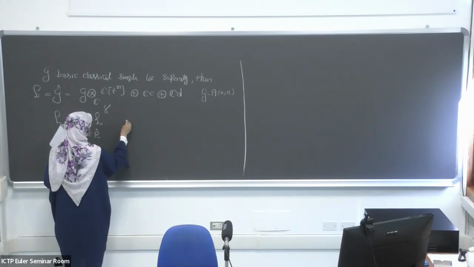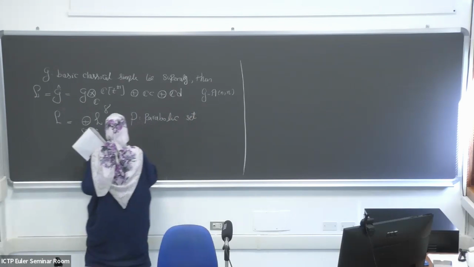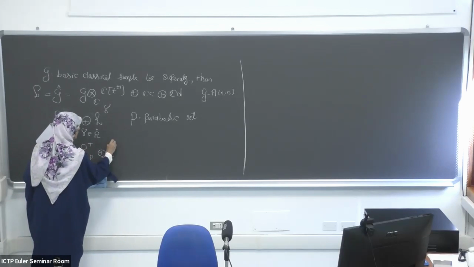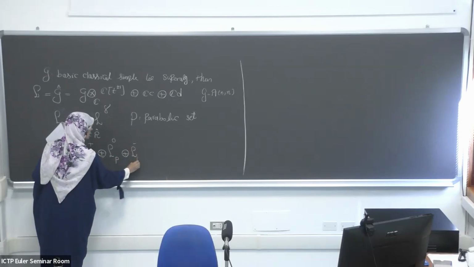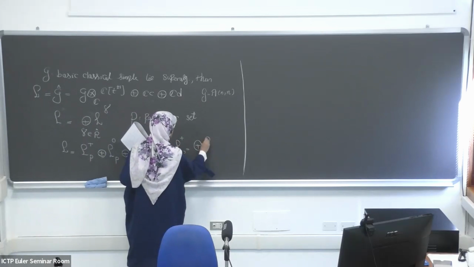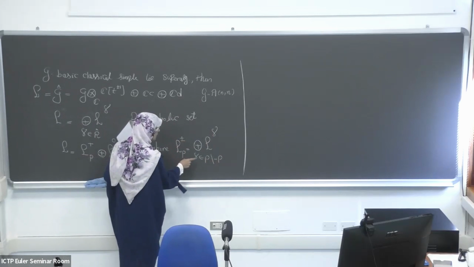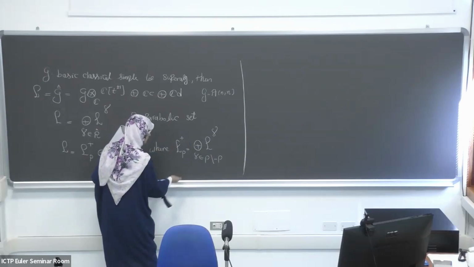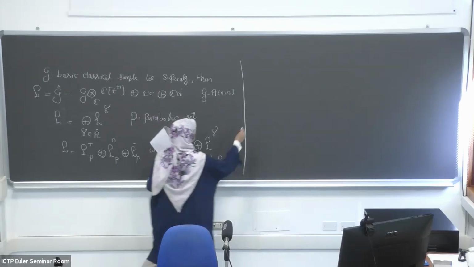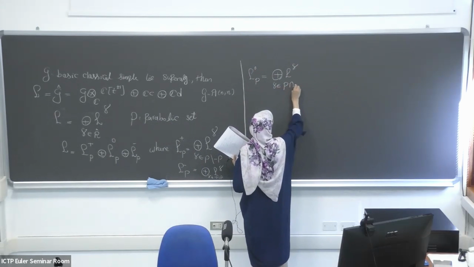And then we said that if P is a parabolic set, then we have a decomposition for L as L plus P, direct sum L null P, direct sum L minus P, where L plus P is direct sum L gamma, when gamma is an element of P minus minus P, and L minus P is direct sum L gamma, when gamma is an element of minus P, and L null P is direct sum of L gamma, when gamma is an element of P intersection minus P.